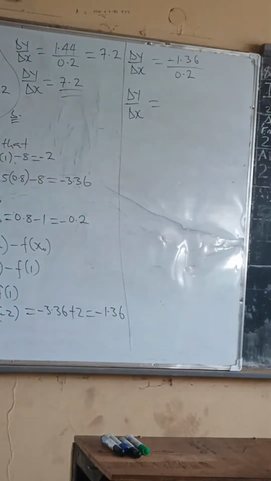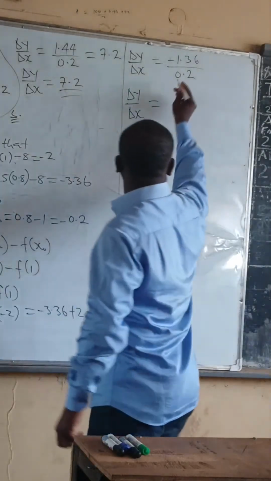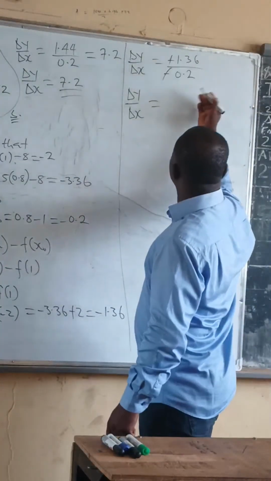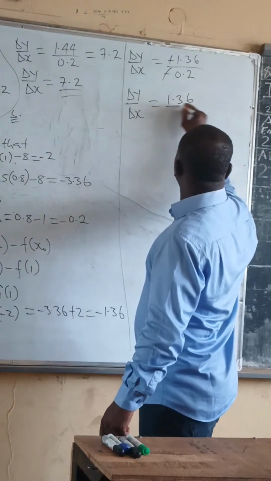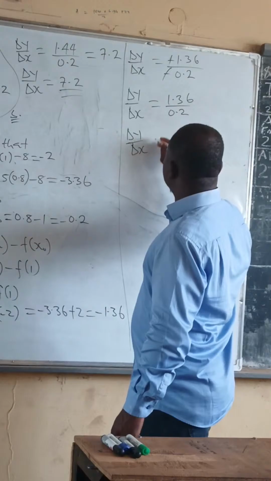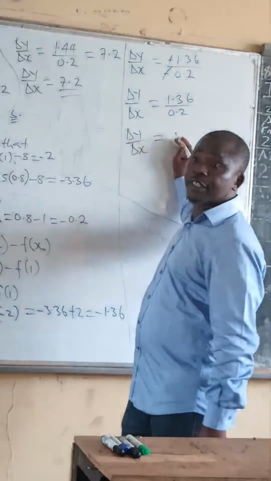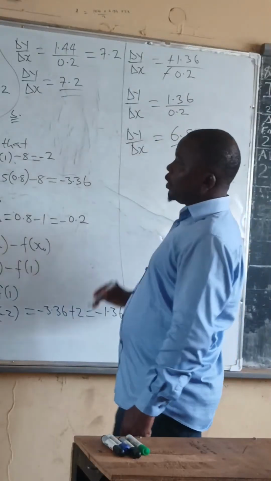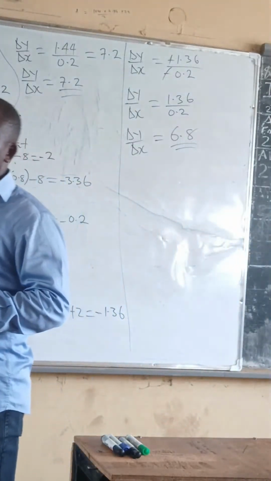Minus 6, yes. No, something is missing here. Here is minus now. So our dy over dx is 6.8. Yeah.